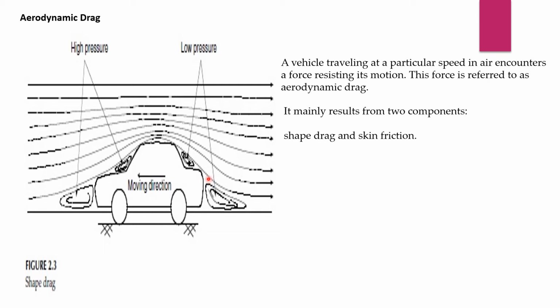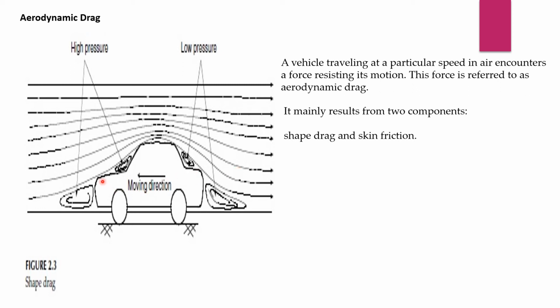This creates a zone of low pressure air. The motion therefore creates two zones of pressure that oppose the motion of the vehicle by pushing it backward, high pressure in front, and by pulling it backwards, low pressure at the back, as shown in the figure. The resulting force on the vehicle is shape drag.